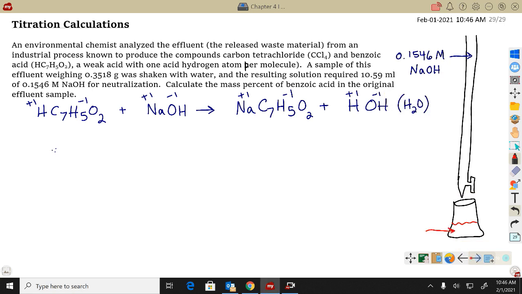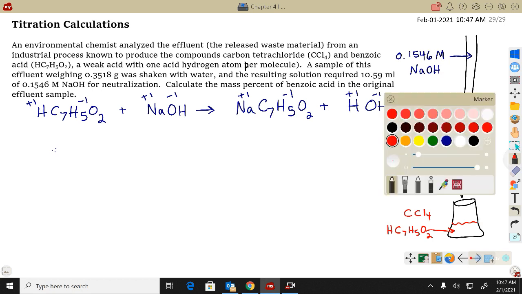This is going to be the solution with the carbon tetrachloride and the benzoic acid, the HC7H5O2.